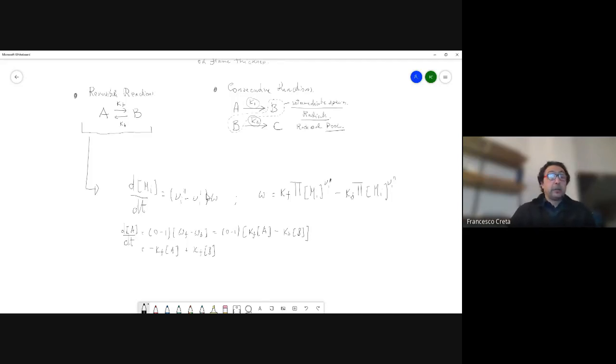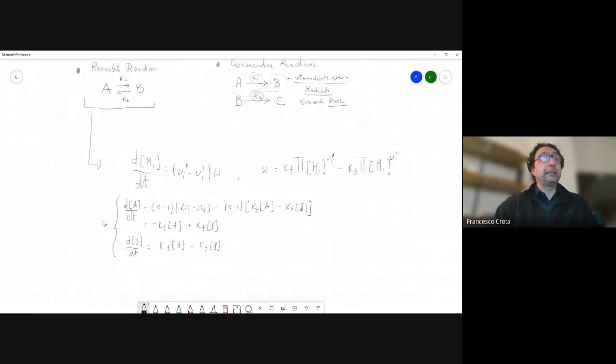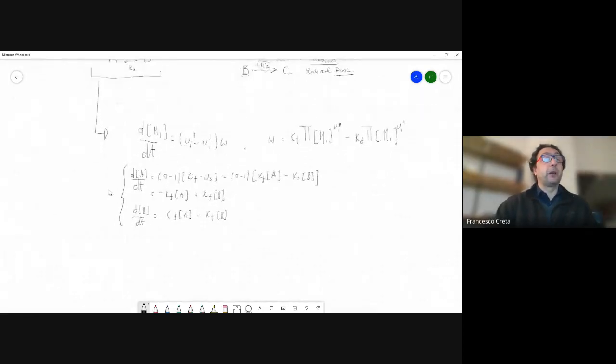And dB/dt is essentially the opposite, with the opposite signs. This is our system of ordinary differential equations that will determine the time evolution of our system.